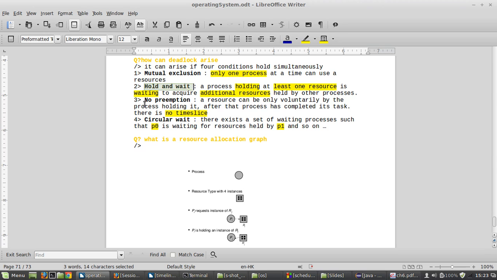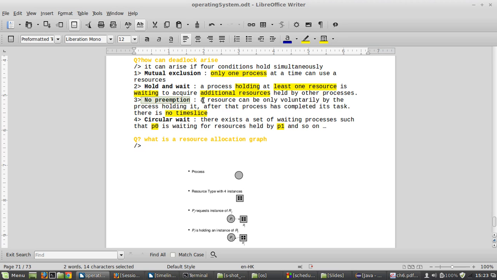Deadlock can also arise in a hold and wait situation. A process holds at least one resource and is still waiting for additional resources held by other processes. In this situation, the process keeps waiting to acquire the additional resources, whereas it is holding resources that are being waited on by other processes.